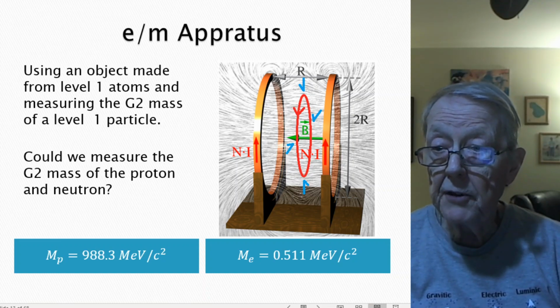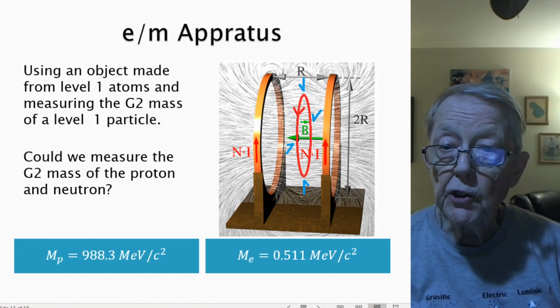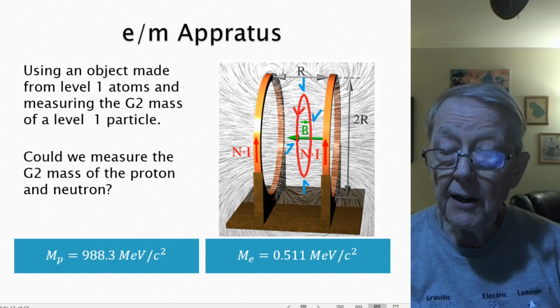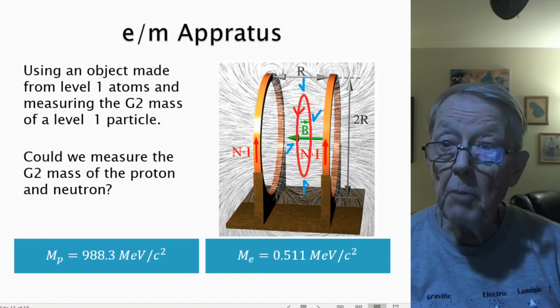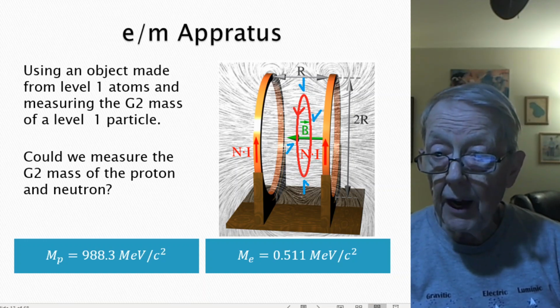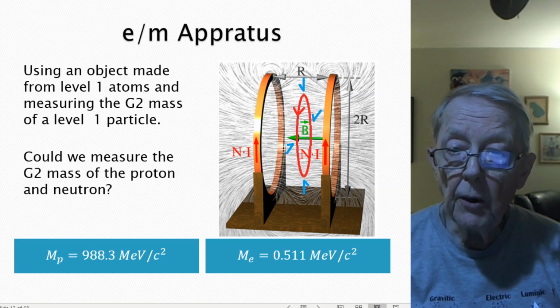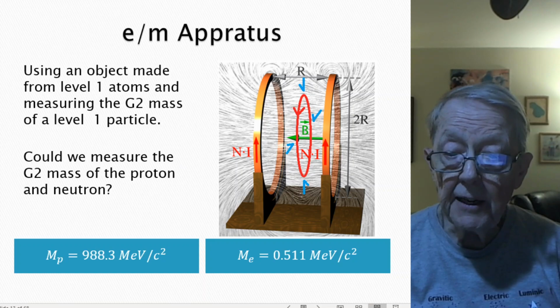You lose some intensity temporarily and it doesn't matter. G1 gravity is negated here. The instrument is made out of level 1 atoms, and we're measuring the G2 mass of the electron where G1 gravity is negated. It has no effect.